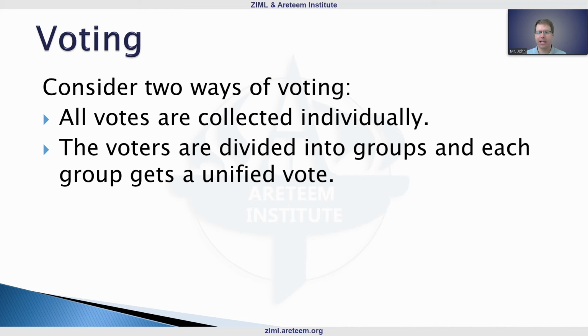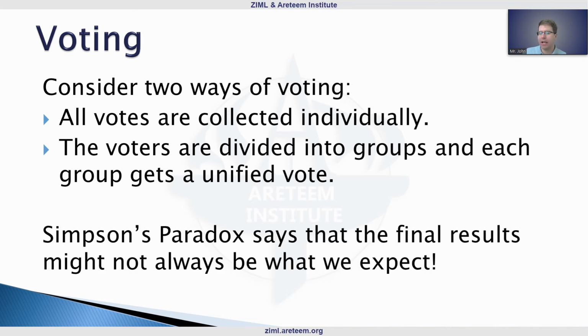We're not going to get too much into actual politics, but this can make sense in a lot of scenarios. Our US Senate has, every state has two people representing it. So there are sometimes natural ways to divide voters into groups. And Simpson's paradox says that these things can have interesting behaviors. These are kind of similar to what we did.